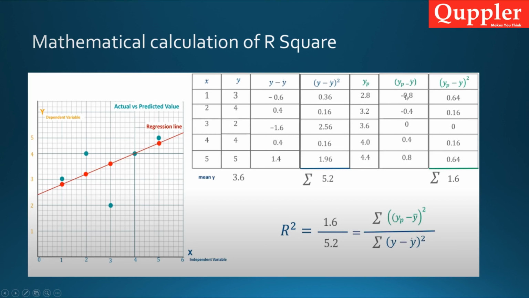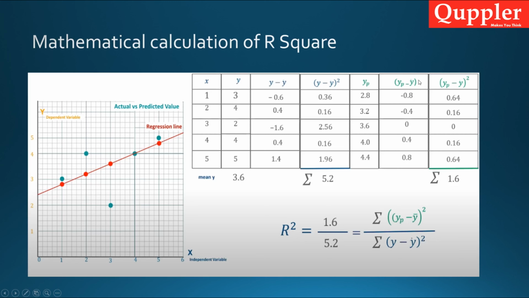So 2.8 minus y bar, which is 3.6, that is minus 0.8. Then 3.2 minus 3.6 is minus 0.4, and so on for the other data.